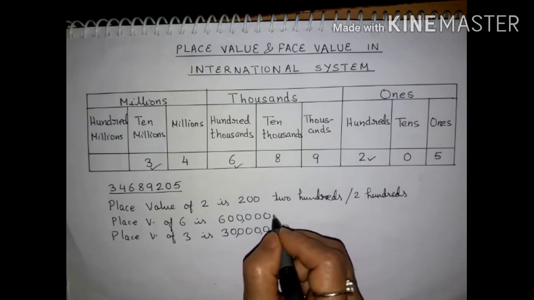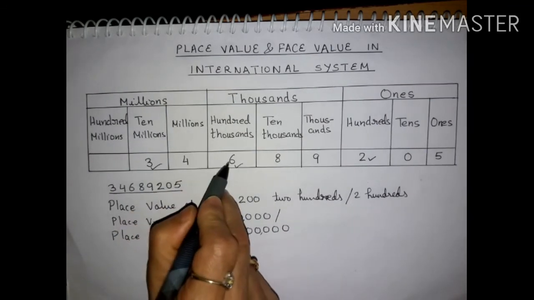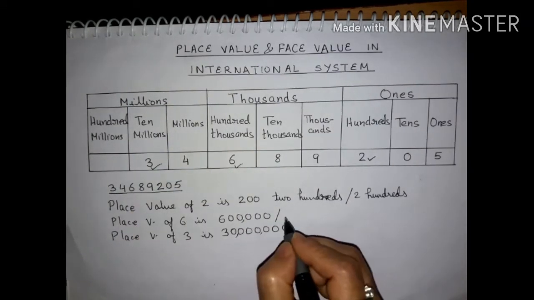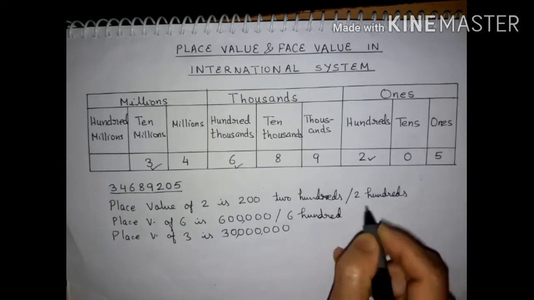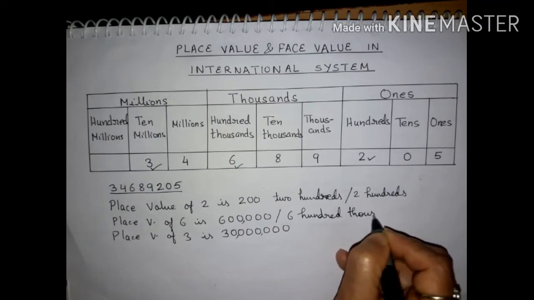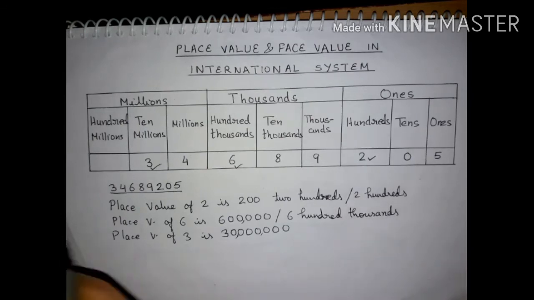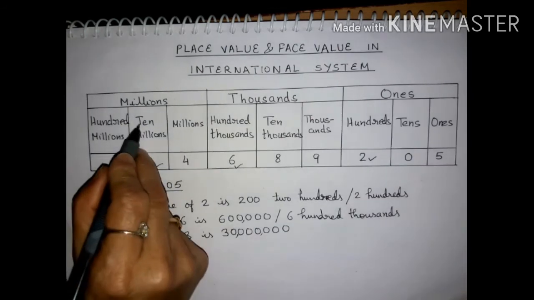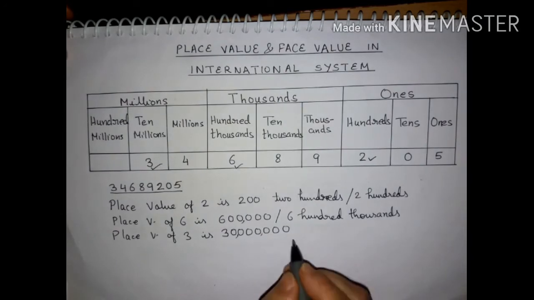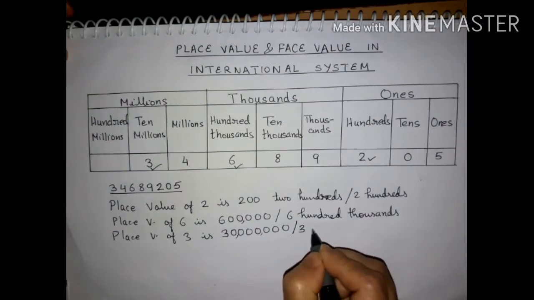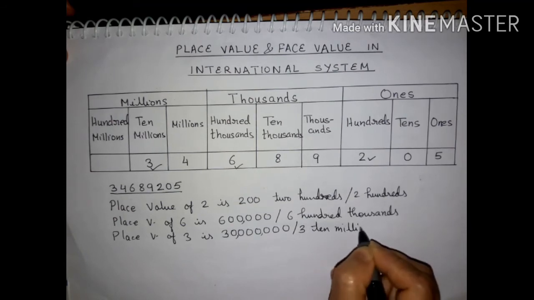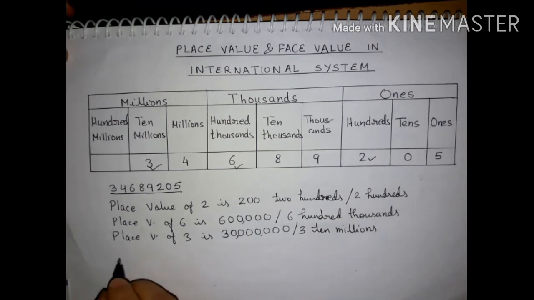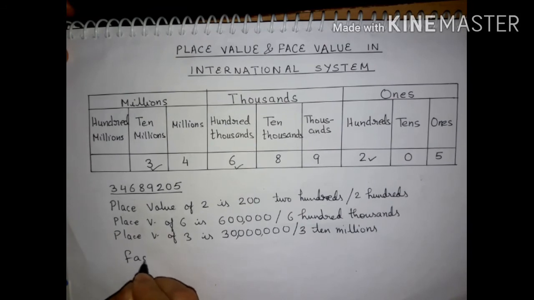If we write this one, it will be, see here, 600,000, so 600 thousands. And if we talk about this 3, see the place where it is: 3 ten millions. So it will be 3 ten millions.